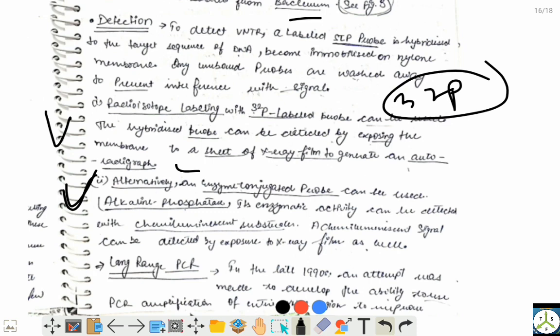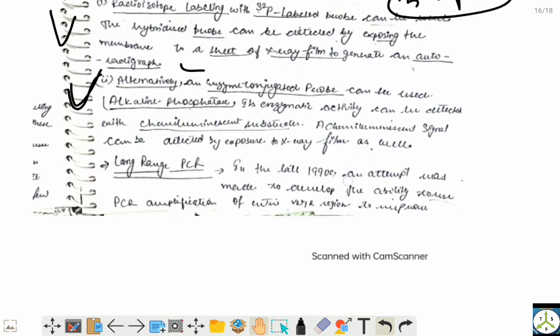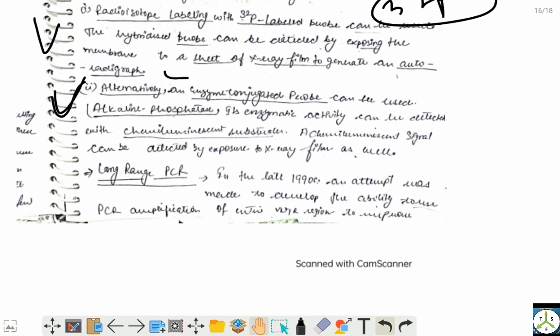Okay, clear. So the further technique is long range PCR. Now we are discussing RFLP. Once the RFLP technique had been discovered and different applications had been done with it, a further advanced technique came, that is PCR.